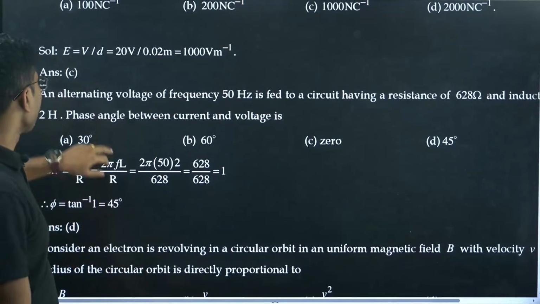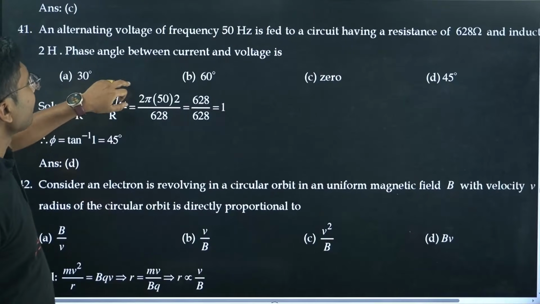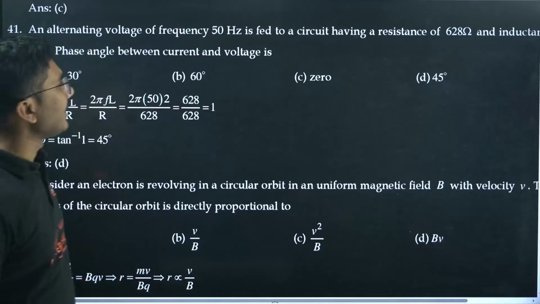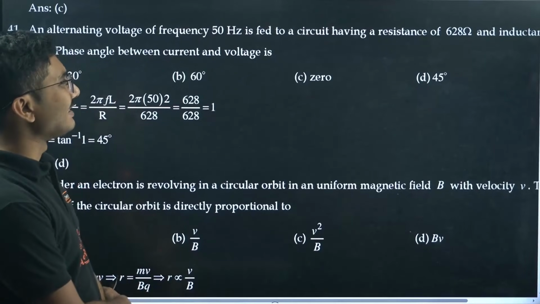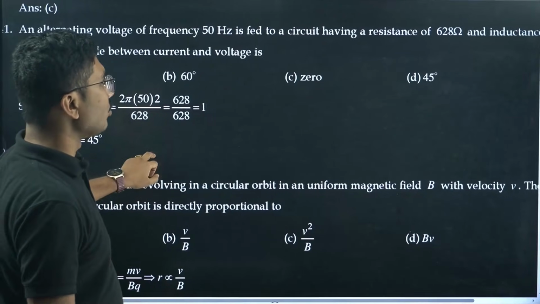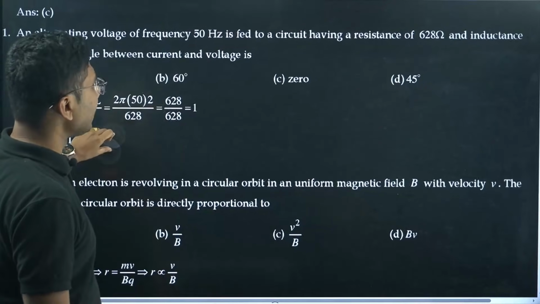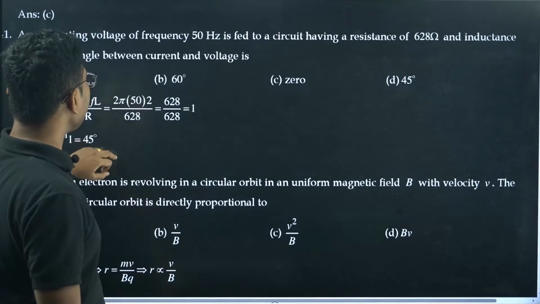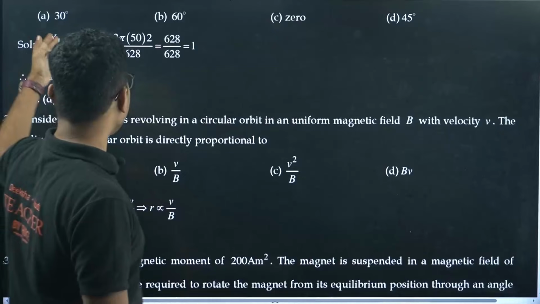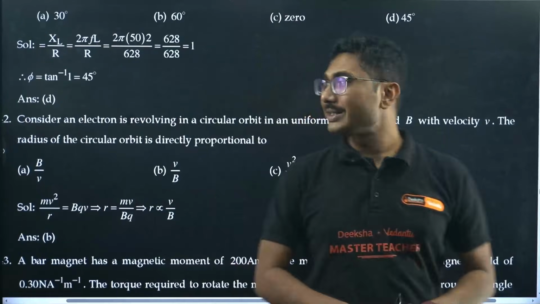Easy question. An alternating voltage of frequency 50 Hz is fed to a circuit having resistance 628 ohm and inductance of 2 Henry. Phase angle between the current and the voltage? So XL is known, R is known. So what is the phase angle?